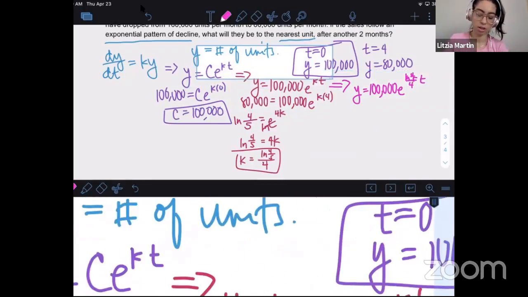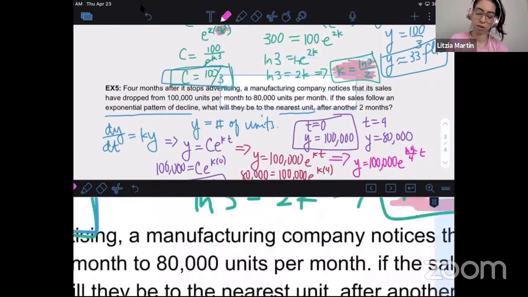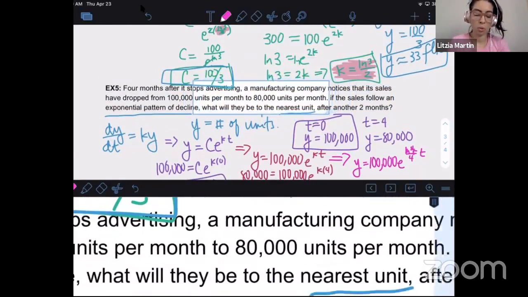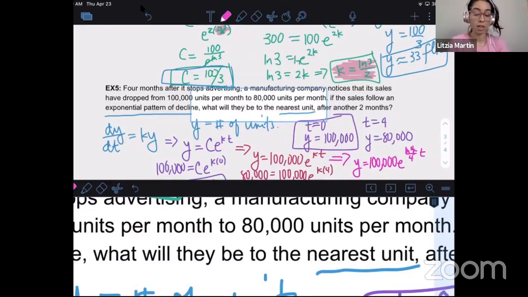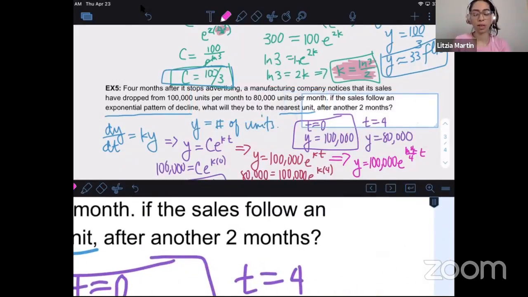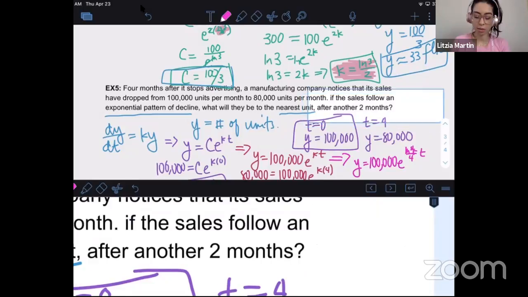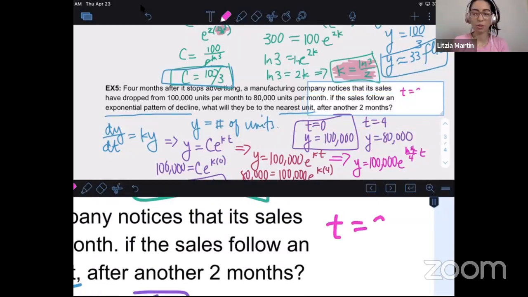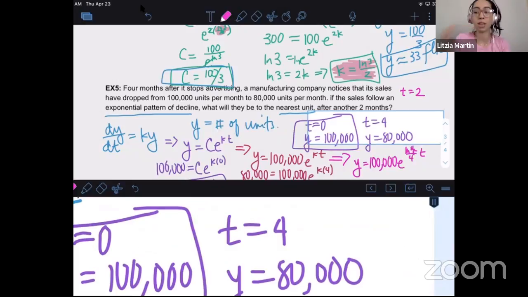Now, what did they want us to figure out? What will they be to the nearest unit after another 2 months? So this is a tricky question. They're trying to trick you into writing t is equal to 2 because, right, after another 2 months, but that is wrong because we're already 4 months in.